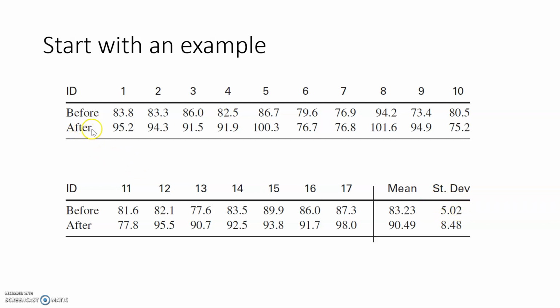And for this post-test measurement, these 17 students have an average anxiety level of 90.49, and a standard deviation of 8.48. So apparently, by looking at the means, we can see there is a 7 unit increase here, right? So 7.26. Okay.